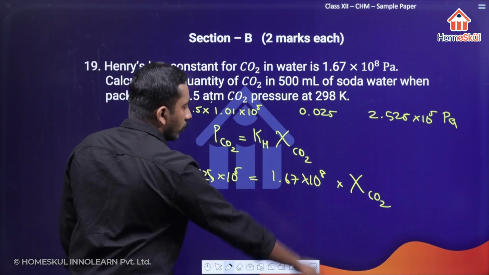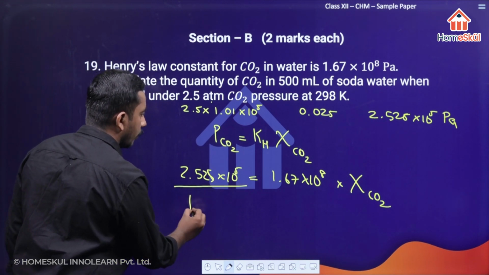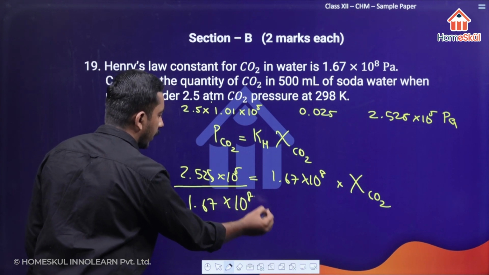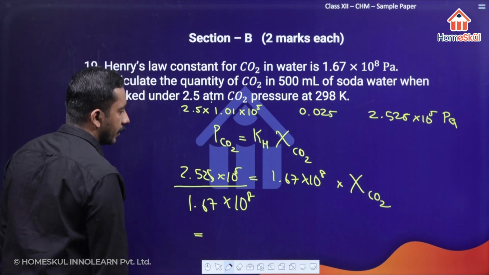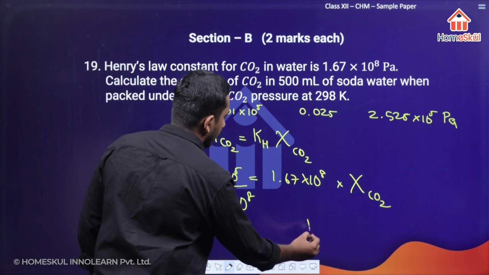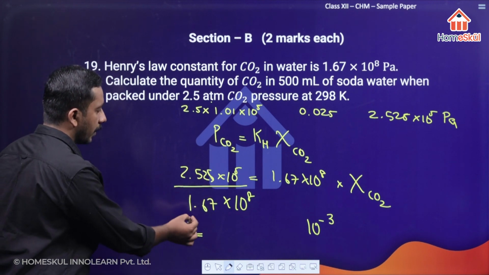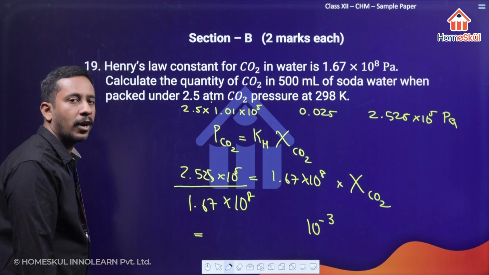So we can calculate the mole fraction of carbon dioxide as 2.525 × 10^5 divided by 1.67 × 10^8. So we have 10^5 and 10^8, that will give you 10^-3. And we have 2.525 and 1.67, and that value will be approximately equal to 1.5.